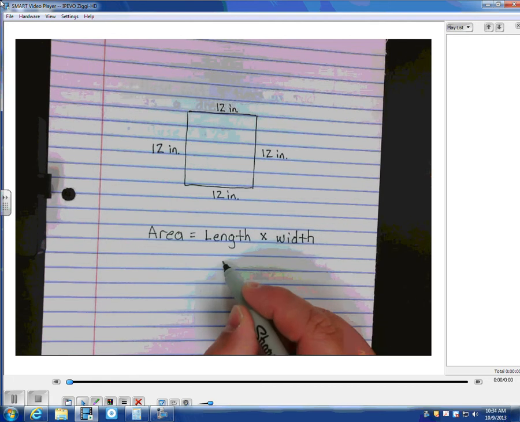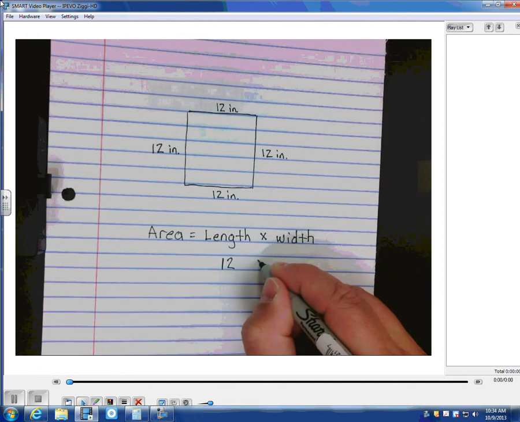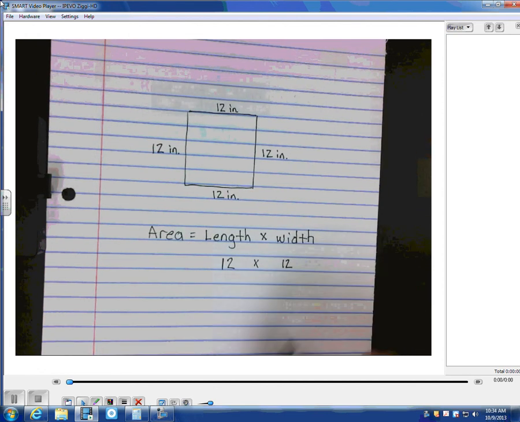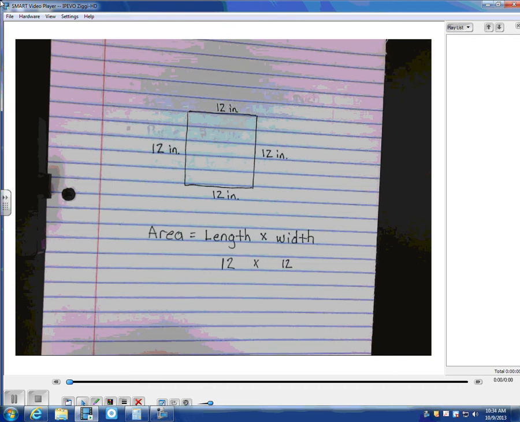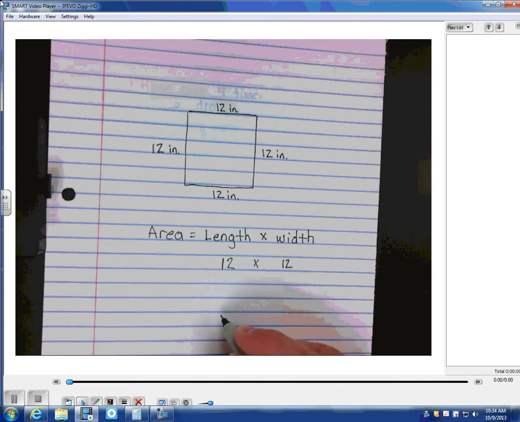So it's going to be 12 times 12. Now, the important part when you find the area is the label. Once you figure out what 12 times 12 is, the label is going to be inches, but we also need to square it, because anytime we have area, it's square.